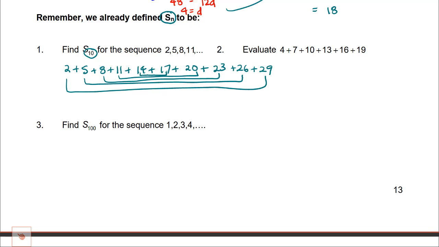This is 31. How many pairs do I have? 5. I'm hoping the sum is 155. You like that? Good.